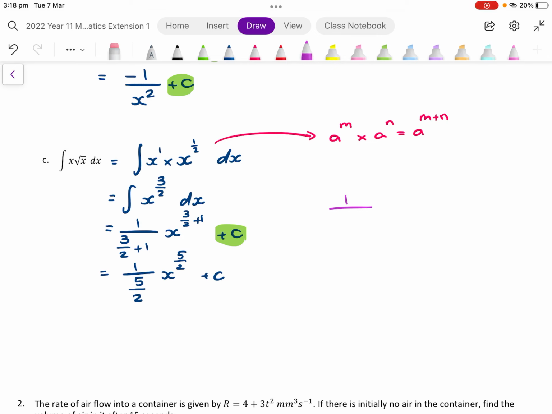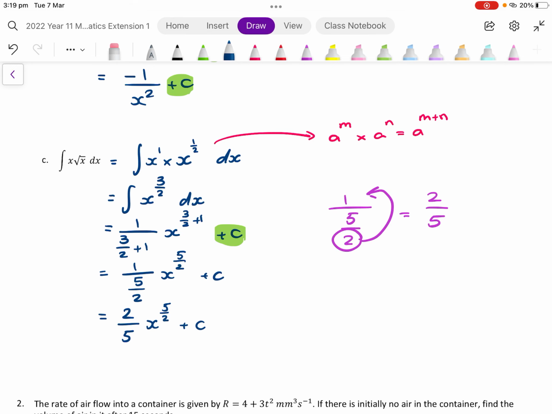And for 1 over 5 over 2, this denominator of 2 comes to the numerator, so it equals 2 over 5. When we have 1 over a fraction, it gives us the reciprocal of that fraction. So that means we're going to have 2 on 5, x to the power of 5 on 2, plus c.